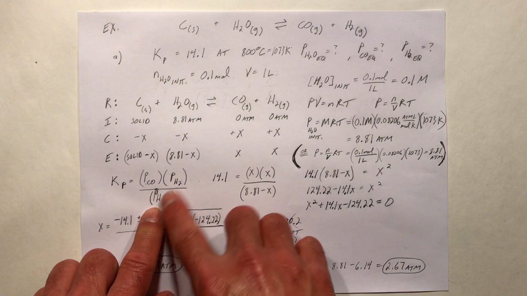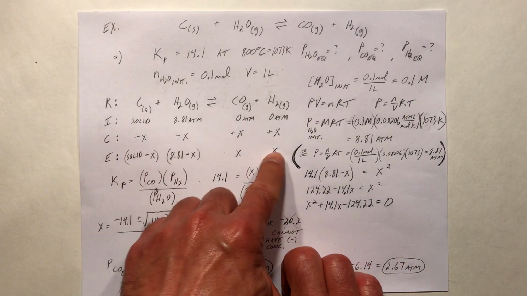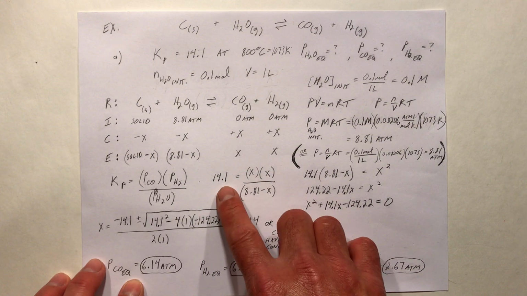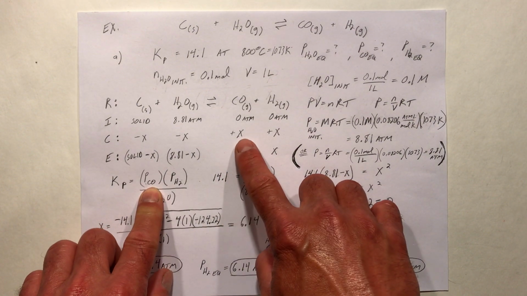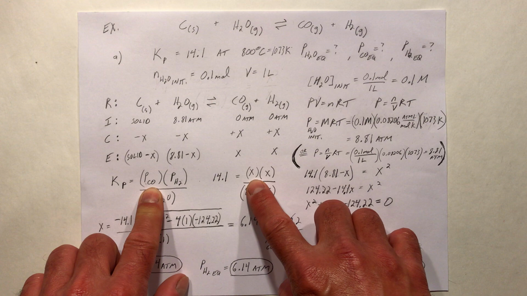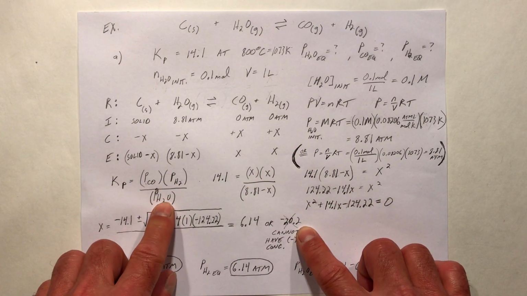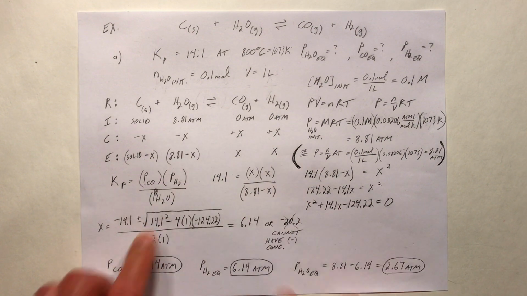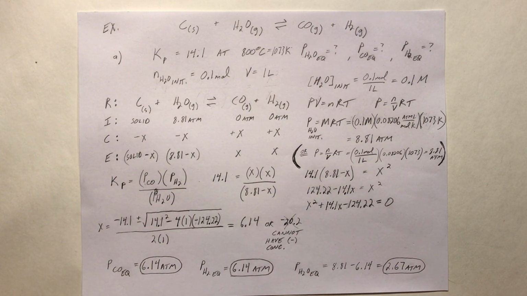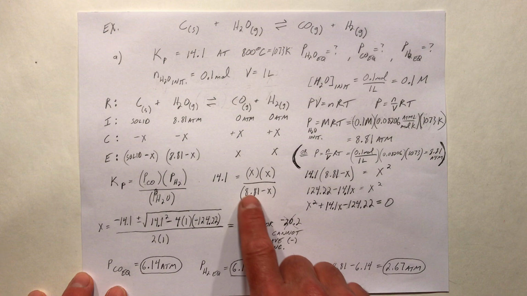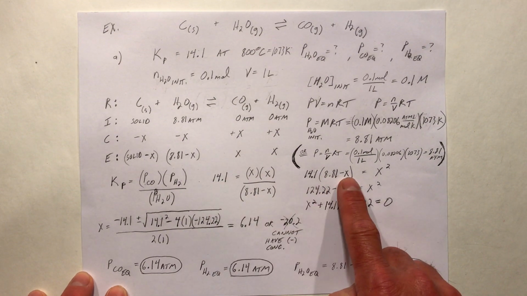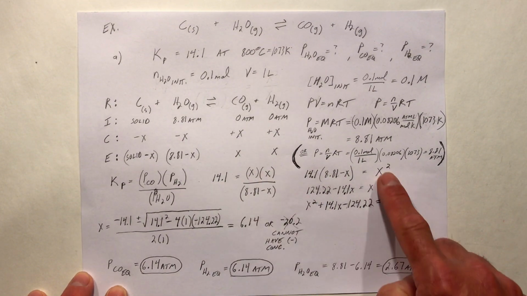Let's plug in these equilibrium values from this ICE table. So CO has an equilibrium value of x, H2 is x, and H2O is 8.81 minus x. So we can take this quantity and multiply it by 14.1 here, and then x times x is x squared.